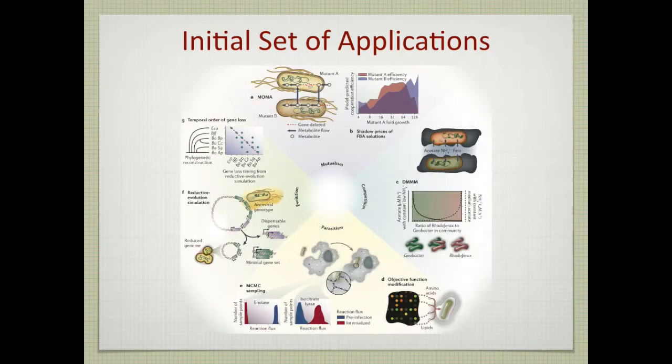So there is some set of applications of community functions that have been studied, and they are summarized on this diagram. If you look to the top, there are a few studies that have been made of mutual auxotrophies. So you have two species that need nutrients, typically an amino acid.